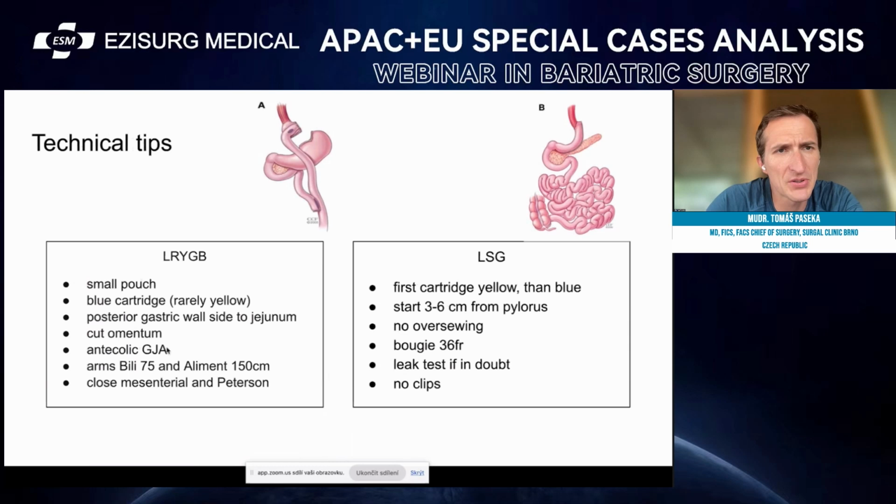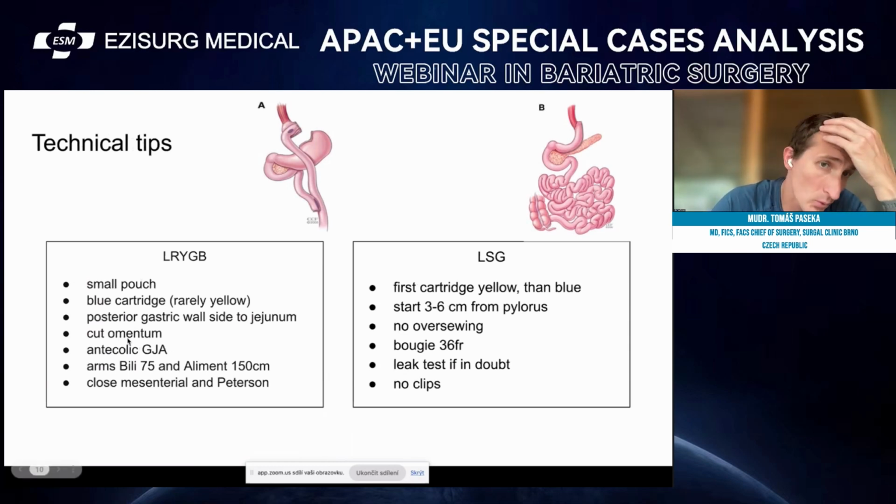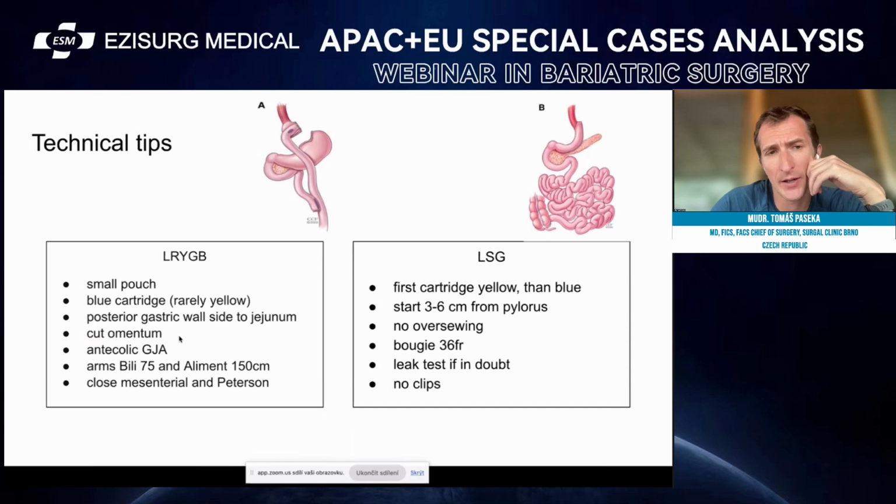Technical tips that we can share with you is that a small pouch of about 80 milliliters is a good thing. Short pouch too. We use blue cartridges, sometimes yellow. We suture to the posterior gastric wall, not to the anterior.